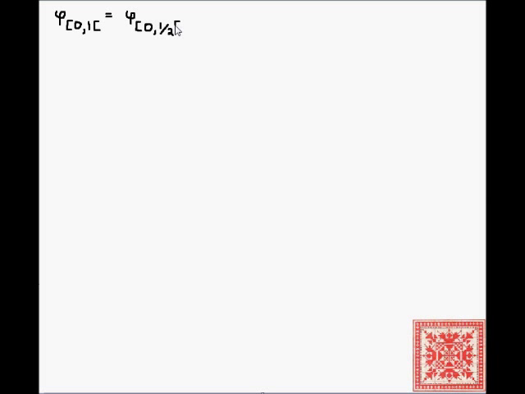So phi from 0 to 1 is equal to phi from 0 to 1/2 plus phi from 1/2 to 1, and then psi from 0 to 1, the basic wavelet, is phi from 0 to 1/2 minus phi from 1/2 to 1.